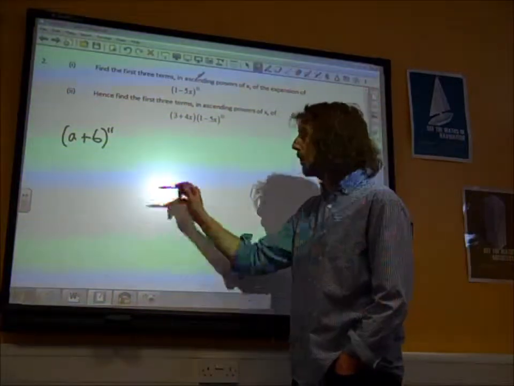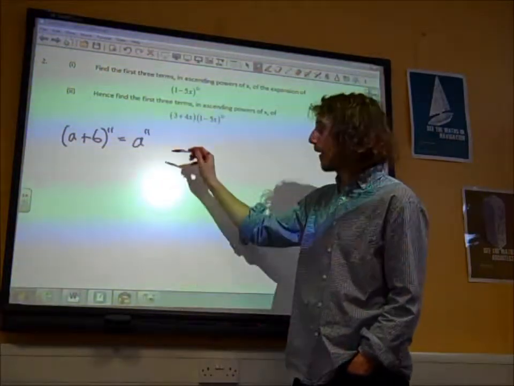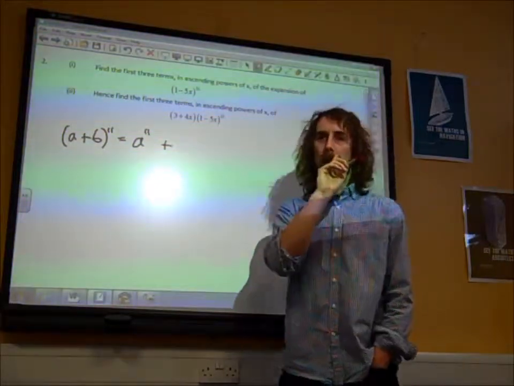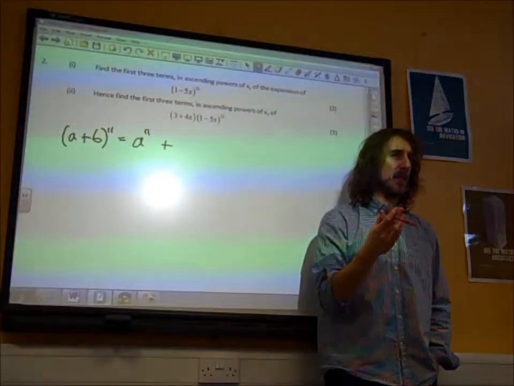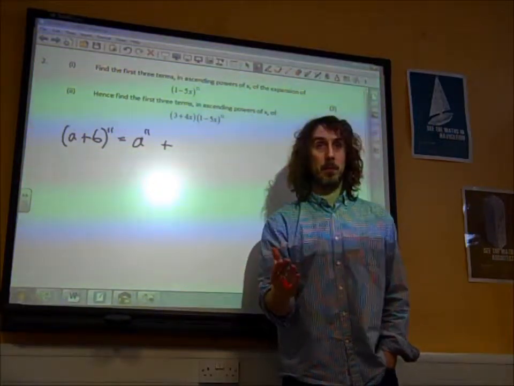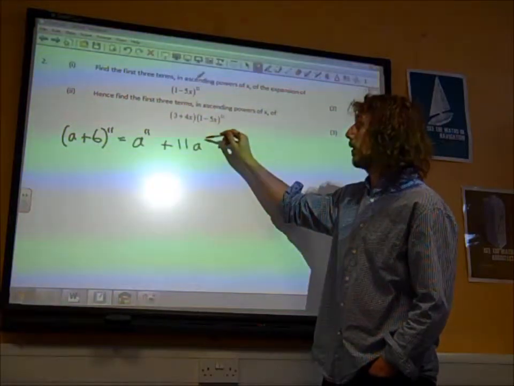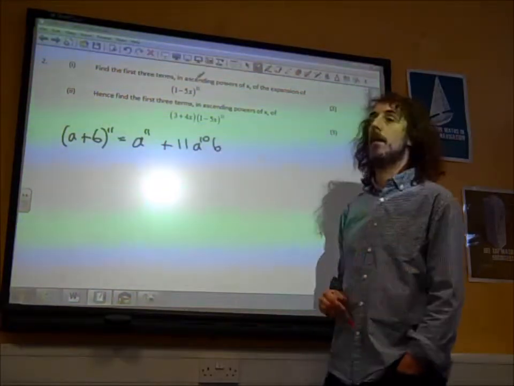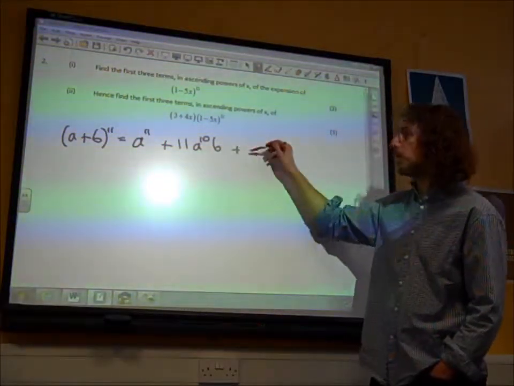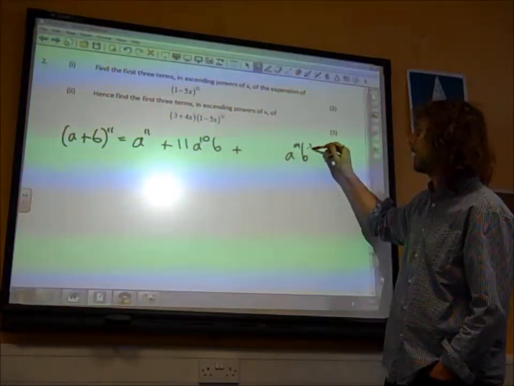So the first term we know is always a to the 11. The second term has a coefficient of 11, doesn't it? Because that's how Pascal's triangle, for example, always starts. So that would be a to the 10b. And then the third term would be a to the 9b squared.